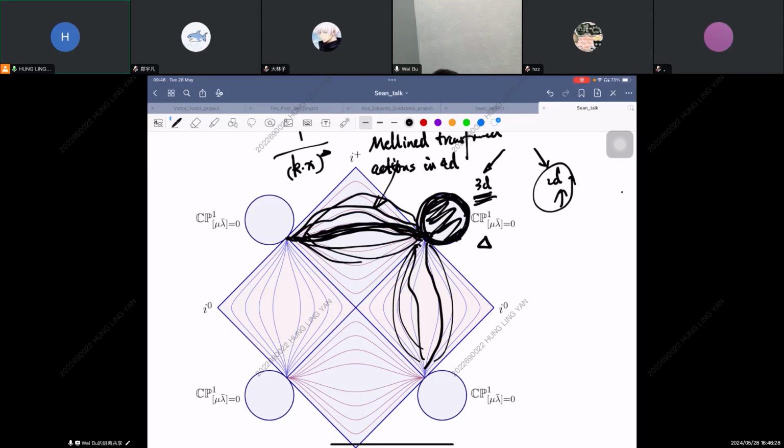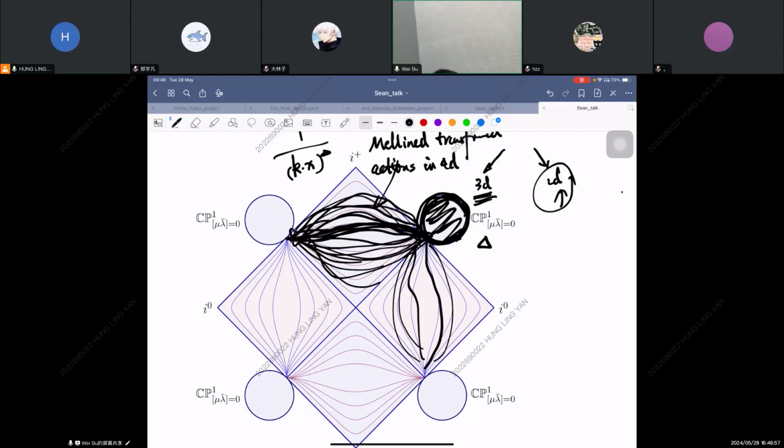There are infinitely many copies of this theory, and each and every one of them corresponds to an AdS3 slice. I see. So this can be phrased in a form similar to the usual AdS/CFT. But since I have an infinite number of AdS slices, it leads to an infinite number of theories on this codimension 2 surface.